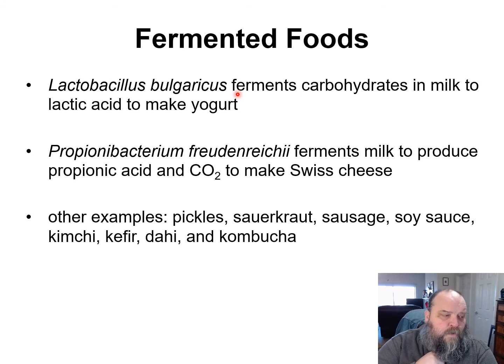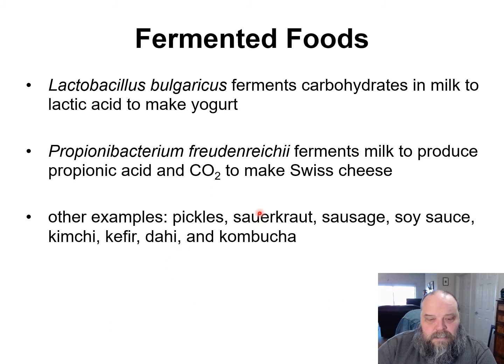Propionibacterium freudenreichii ferments milk to produce things such as Swiss cheese. As it's fermenting the milk, it's not doing lactic acid so much as doing a version of the ethanol fermentation, hence you get CO2 produced, which gives you the bubbles, the air pockets in Swiss cheese.